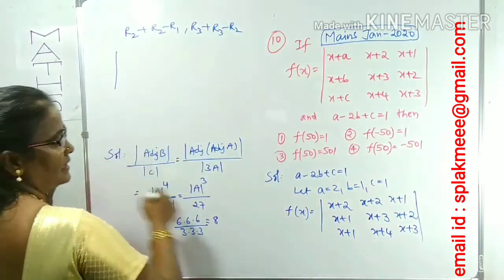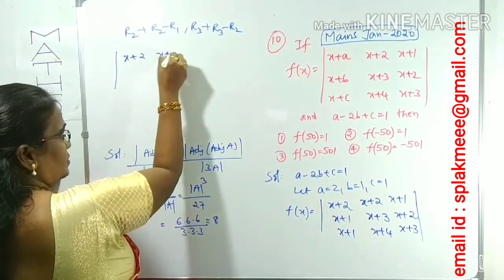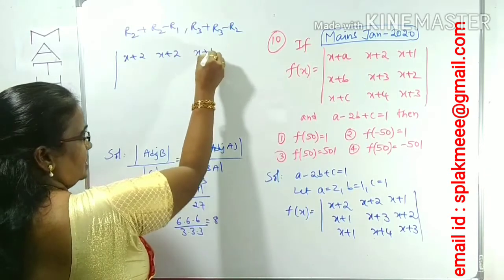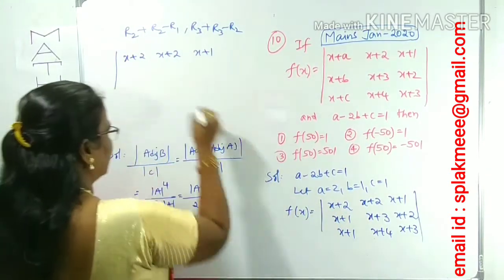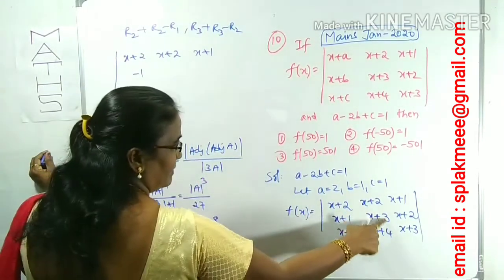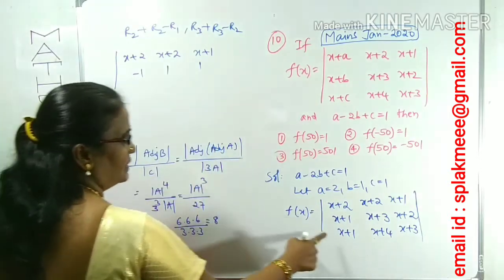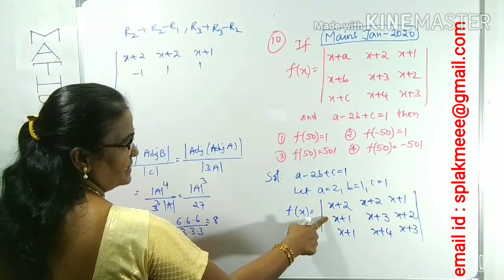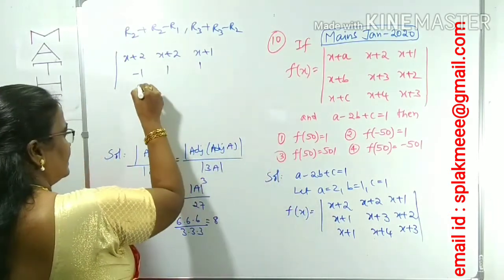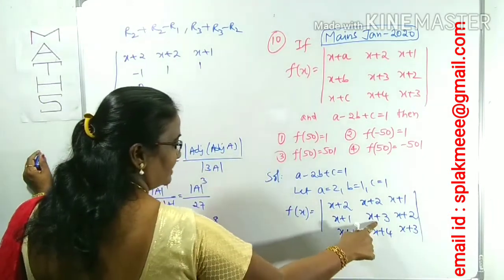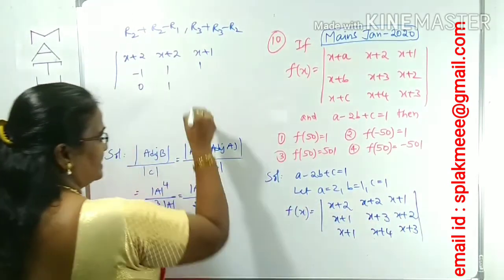Now in this one, R1 is as it is, x plus 2 and x plus 1. What about the second row? This minus this, x cancelled, 1 minus 2 is minus 1, 3 minus 2 is 1, 2 minus 1 is 1. Last row, R3 minus R2: x plus 1 minus x plus 1 cancels to 0, x plus 4 minus x plus 3 is 1, x plus 3 minus x plus 2 is 1.